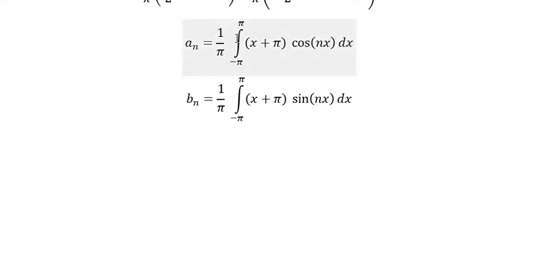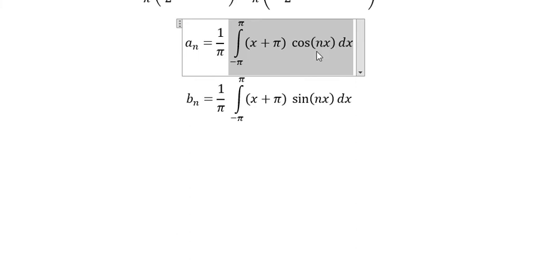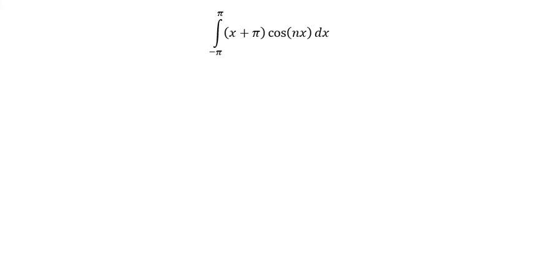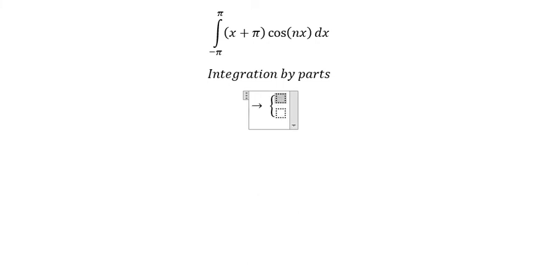Now let's consider this one and this one. So I will go to this one only. For this one we can use integration by parts. So I will put u equals s plus b.